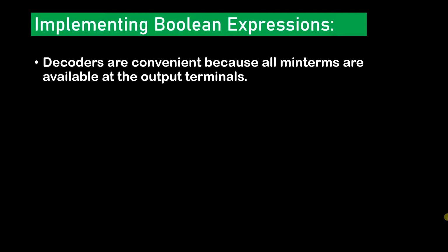And the output of the selected minterms were ORed, that is, a logical OR operation was performed in order to realize any function. But if you look at the logic diagram of a mux, it is observed that the OR gate is also inbuilt in the mux.